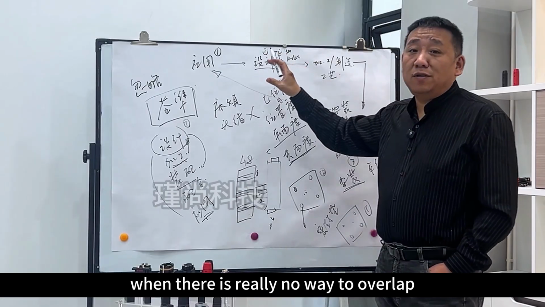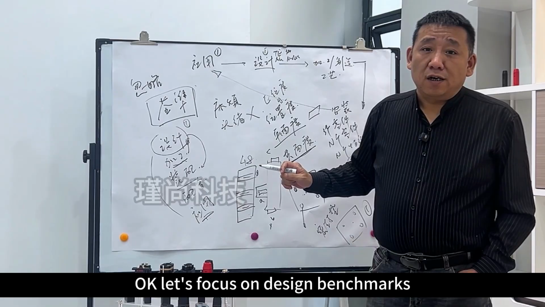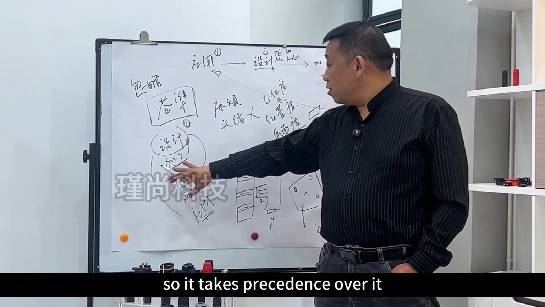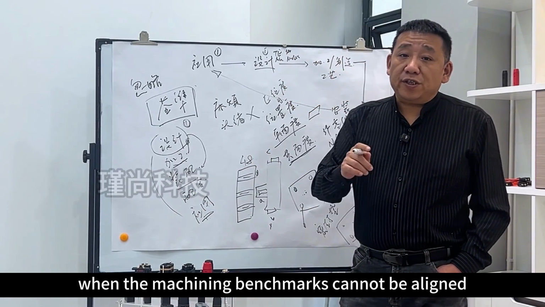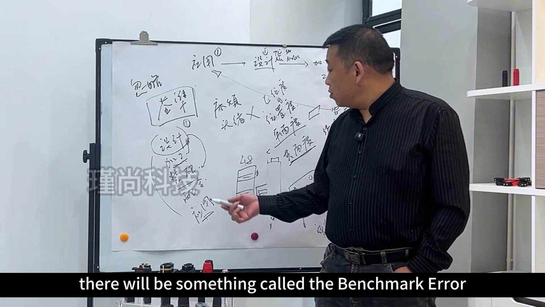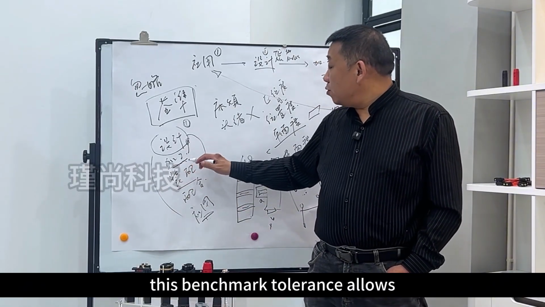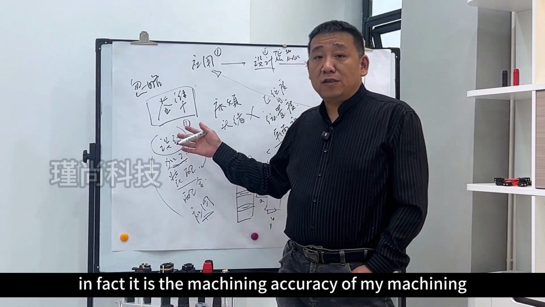When there is really no way to overlap, we focus on design benchmarks and consider machining benchmarks secondarily. When the machining benchmarks cannot be aligned, there will be a benchmark error, a benchmark tolerance. This tolerance is in fact the machining accuracy of my machining.